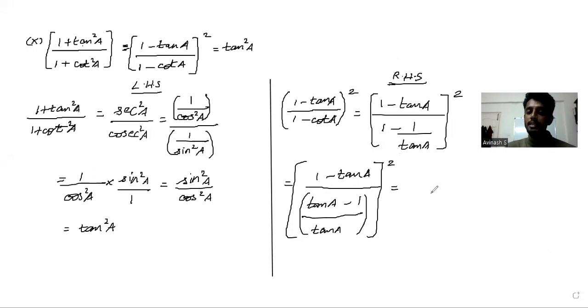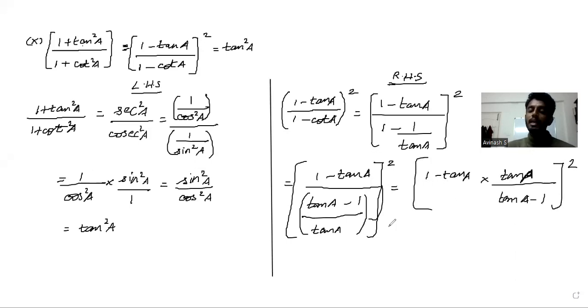Now, in the next step, in the numerator, I have 1 minus tan A. If in the denominator also you have 1 minus tan A, it will be easy. So what I'm trying to say is, this goes to the numerator within the square. So now this becomes tan A divided by tan A minus 1, whole square.